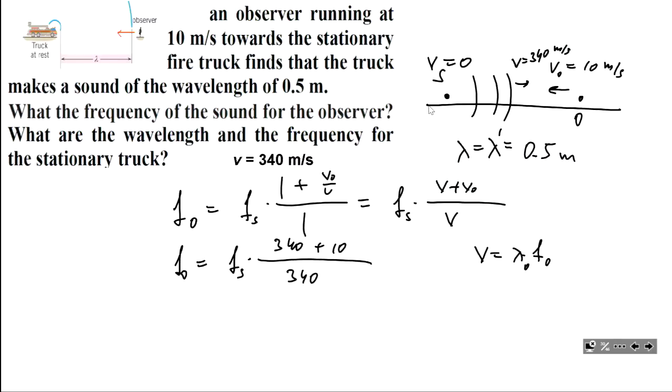This is the frequency of the sound measured by the observer, and that's supposed to be the speed of the sound relative to the observer. Everything has to be relative to this observer. Well, this number is a half because we know it. This is an unknown. So if we want to solve this problem, we must say something about this number.